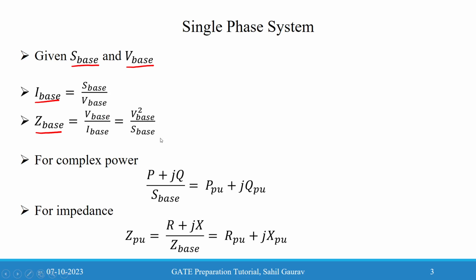This is very important, and we will usually apply this, because in the problem we are given the voltage base and the apparent power base. So if we don't need to find the base current, then we directly find the base impedance using V base square divided by S base.